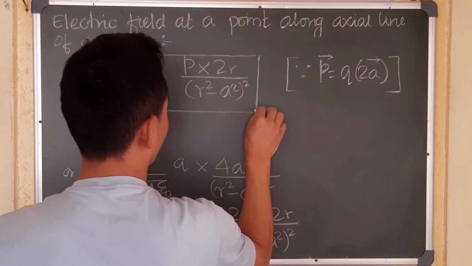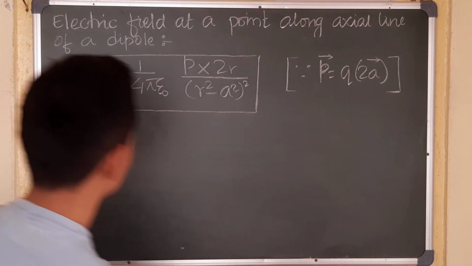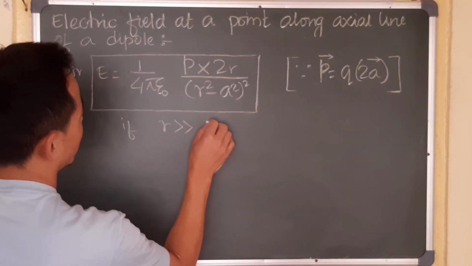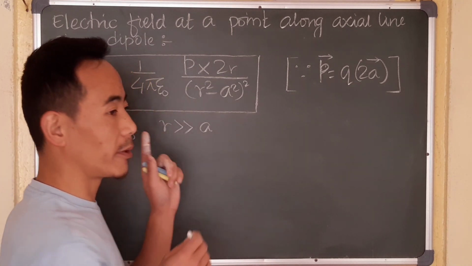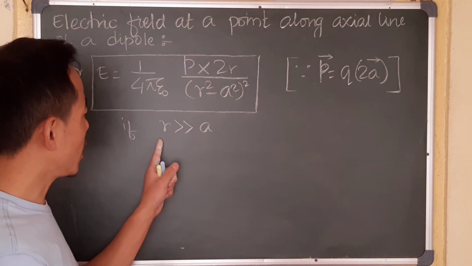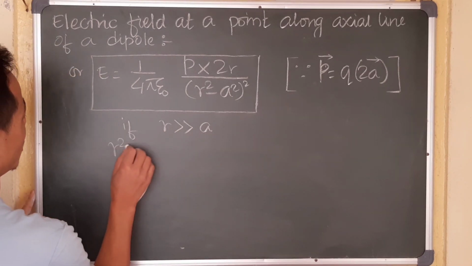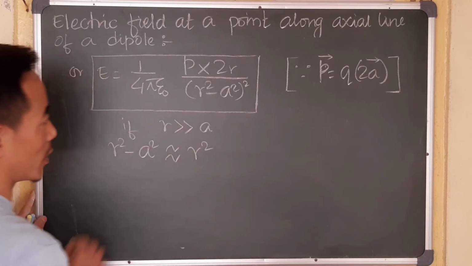Now further we can say that if the value of r is much greater than a, alright, r is the distance of the point P from the center. So if r is much greater than a, then the value r square minus a square becomes nearly equal to r square.